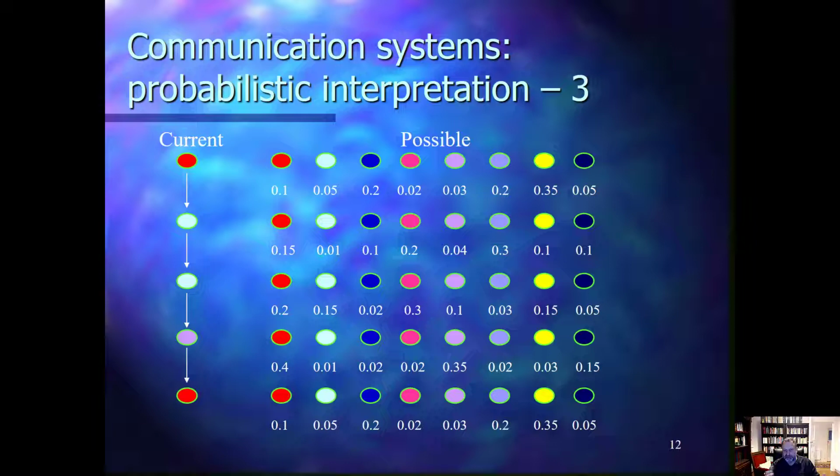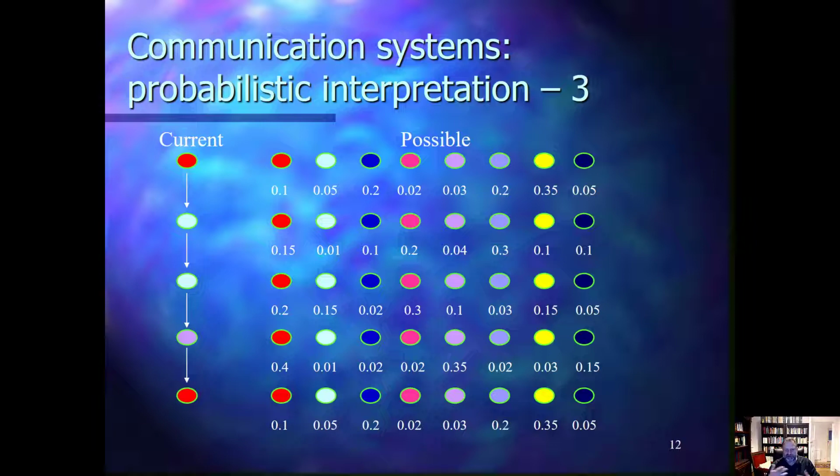Then again, you have a continuation distribution over the possible communications. Again, it's not necessary to pick the most likely, you just have to pick one that is likely. So in this case, again, the white is picked, which is actually relatively unlikely, less likely than any of the others, but it is a possible continuation. The likelihood is more than 0. Then you pick the next one, and in this case, you pick the light purple one, and so on.